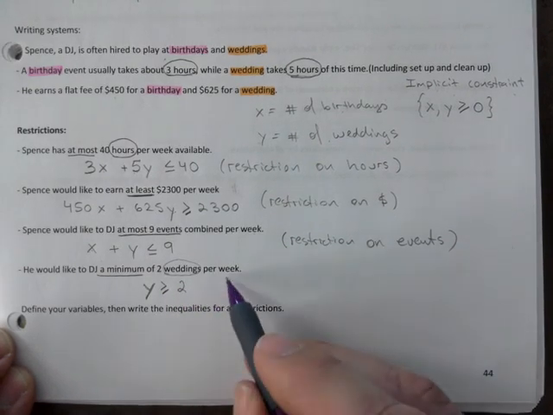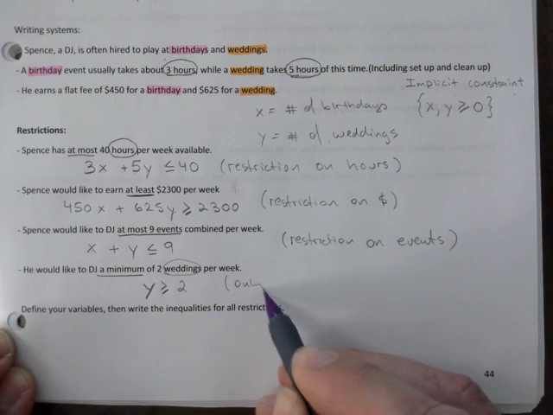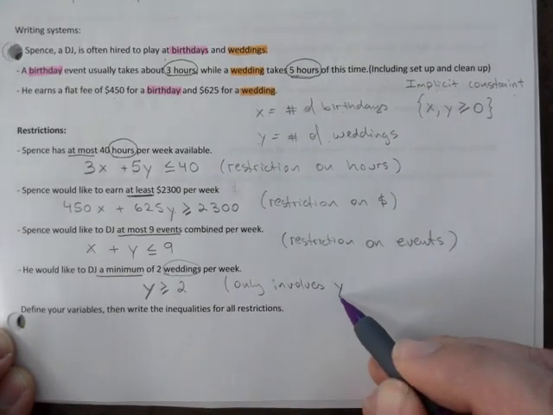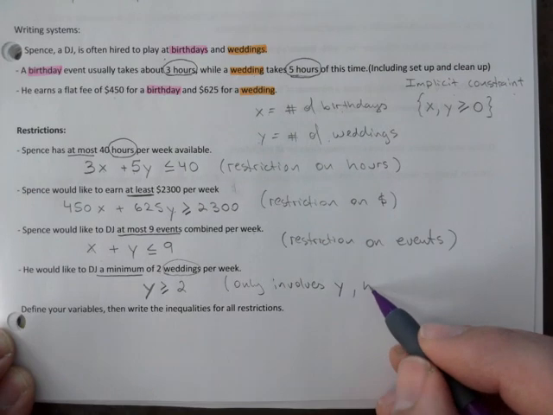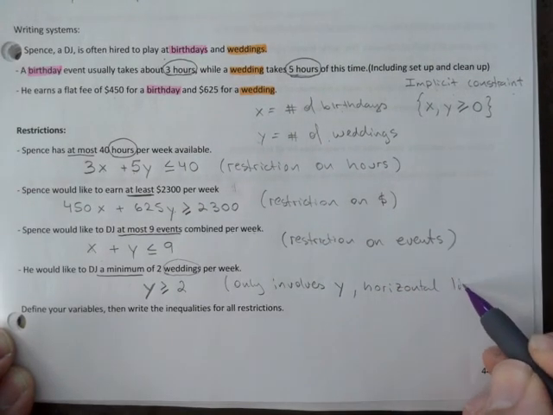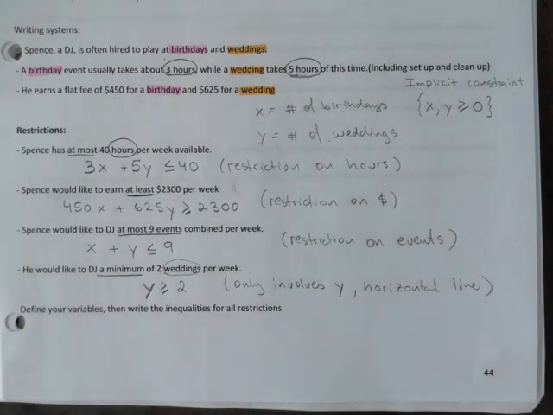It's specific, it only involves Y, right? This will result in a horizontal line in this particular case. Oh, define your variables and write all the inequalities. I already did that, so kind of too late, right? Should have been up here.